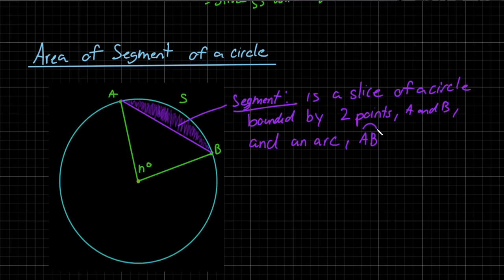Now, Carson, when I drew this line, what shape did I make? I made a triangle, yep. And then what's the big shape? What do we call that? I have 2 radii and an arc.